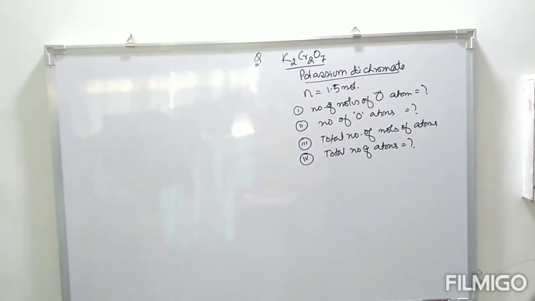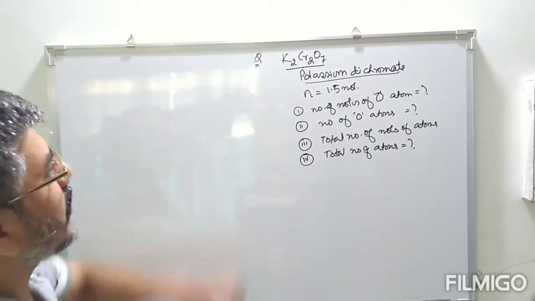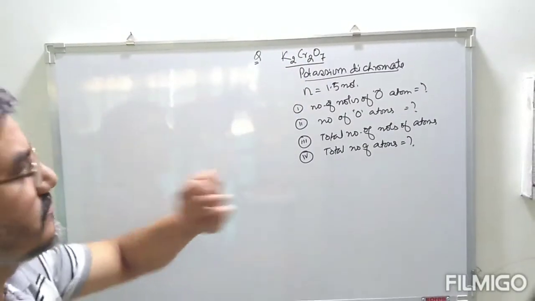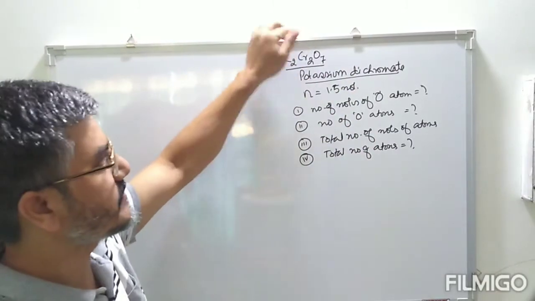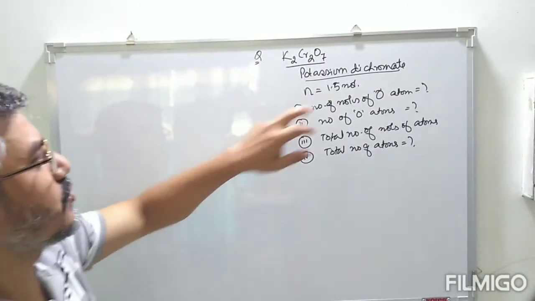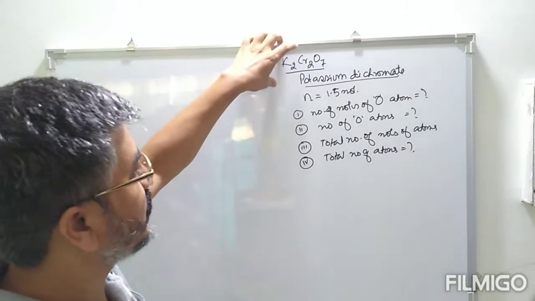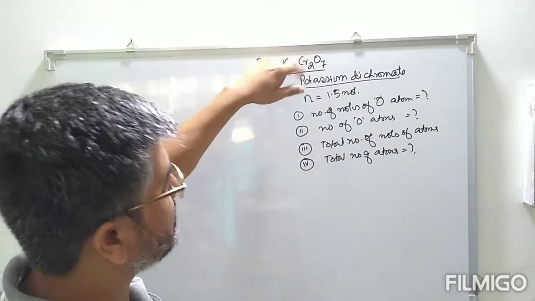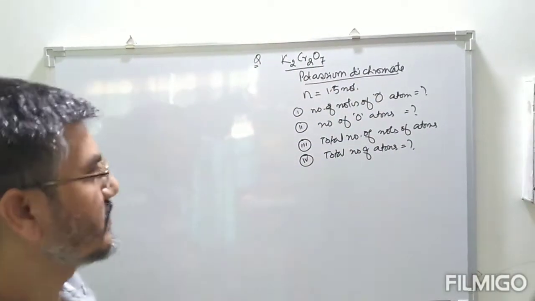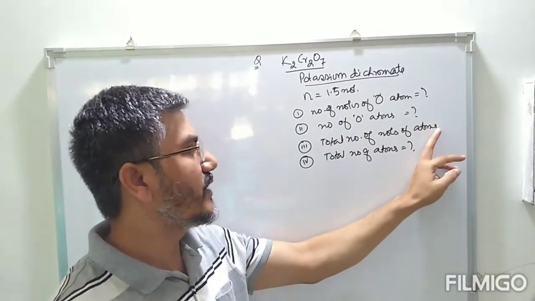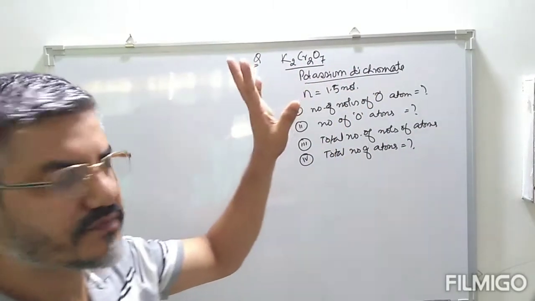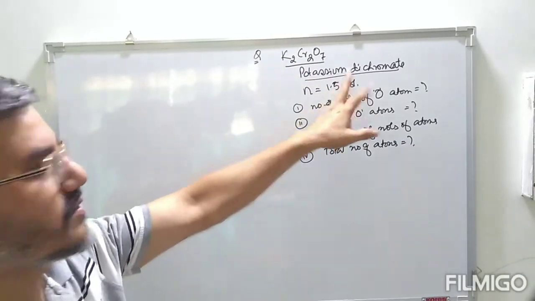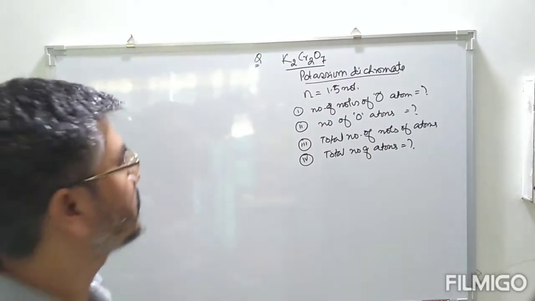So let's see how we can find these values. We are given 1.5 mole of potassium dichromate. In this 1.5 mole, how many moles of oxygen are present, and what is the actual number of atoms of oxygen? How many moles of atoms are present, and what is the total number of atoms?